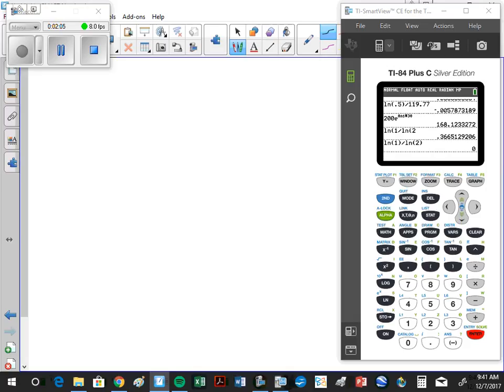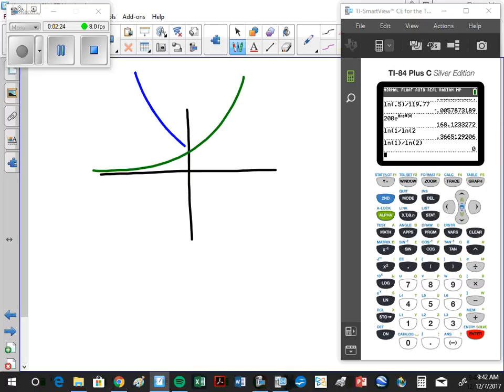So all exponential equations have the x-axis as a horizontal asymptote. If you have an exponential growth equation, it's going to look something like that. If we have an exponential decay, it's going to look something like that. The steepness might change, the y-intercept might change, but the direction will always be the same.